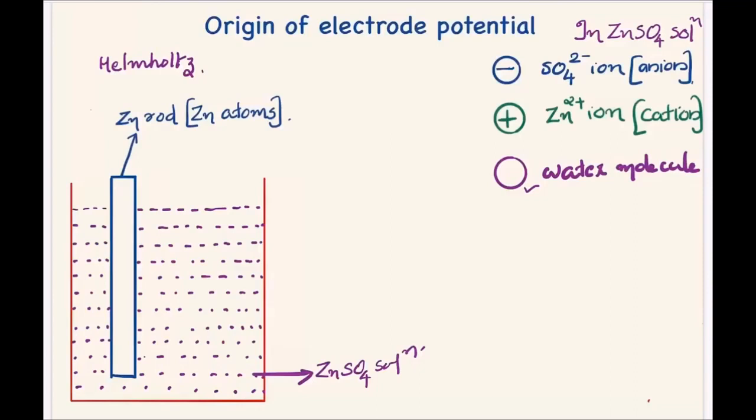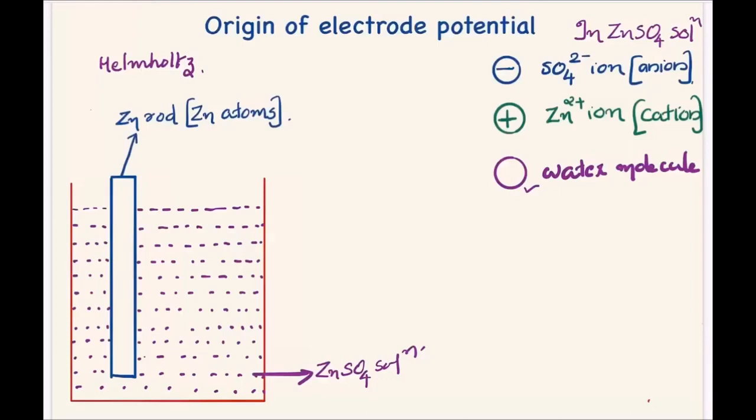For that, we are taking the same example, a zinc rod in zinc sulfate solution. It's a single electrode. The zinc rod contains zinc atoms and the zinc sulfate solution contains negatively charged sulfate ions. We call it an anion because it carries a negative charge. Zinc ions, we call them cations because they carry a positive charge, and they are represented using this symbol.